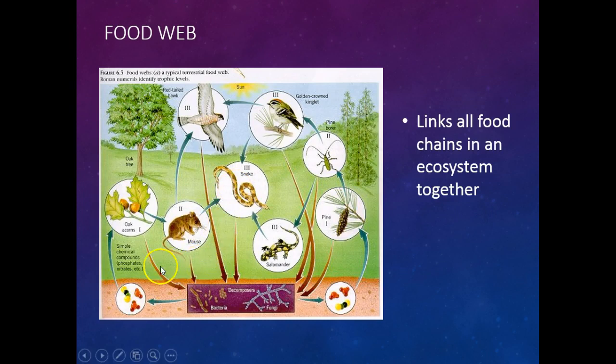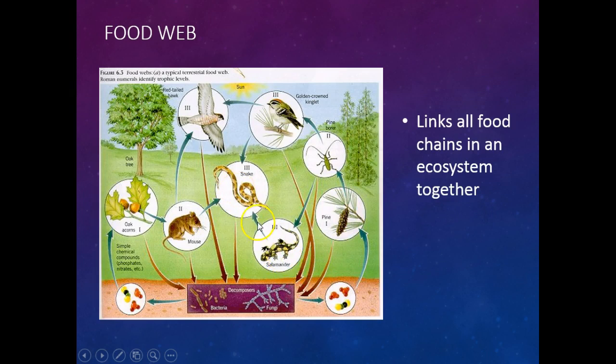Now, when we look at this, we are still showing that energy is being passed in a linear fashion. We have bacteria that get soaked up, or simple chemical compounds that get soaked up by the oak acorns. The acorns get picked up by the mouse, which gets eaten by the snake.